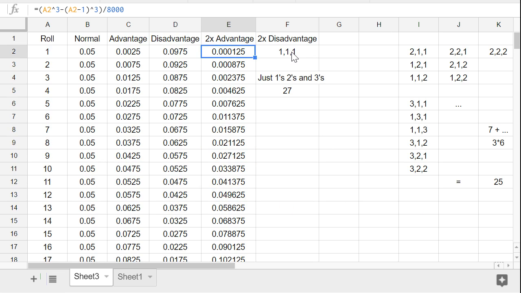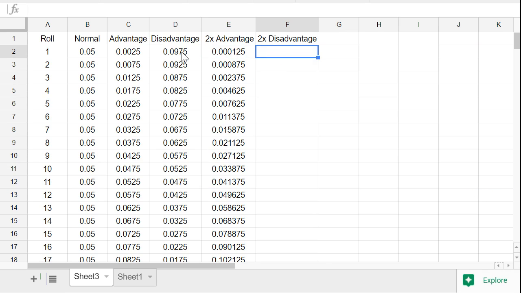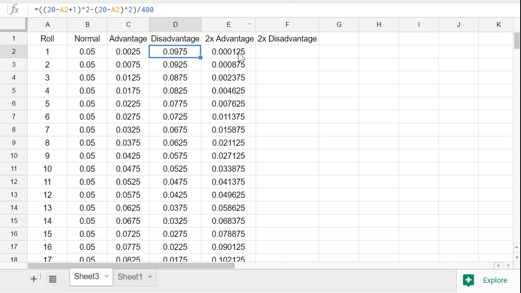And then, well, let's clear this out for disadvantage. Same exact concept. You literally just take the same formula, and you change squareds to cubes. And of course you're no longer divided by 400, but instead 8,000.